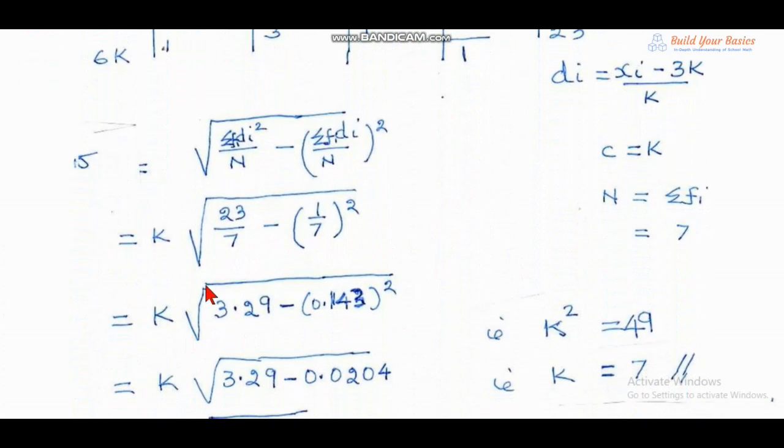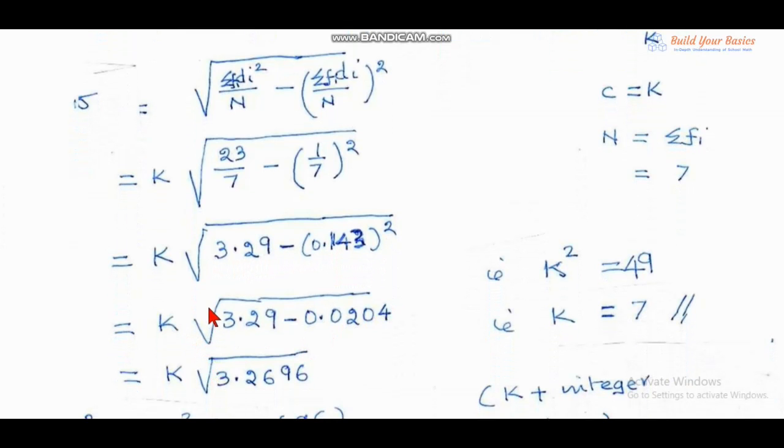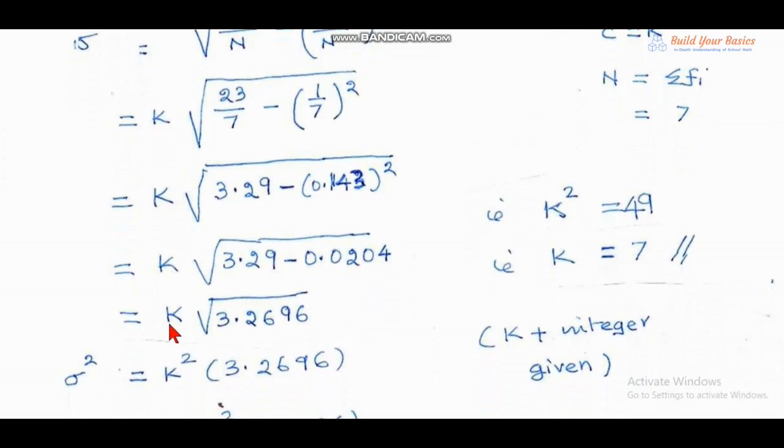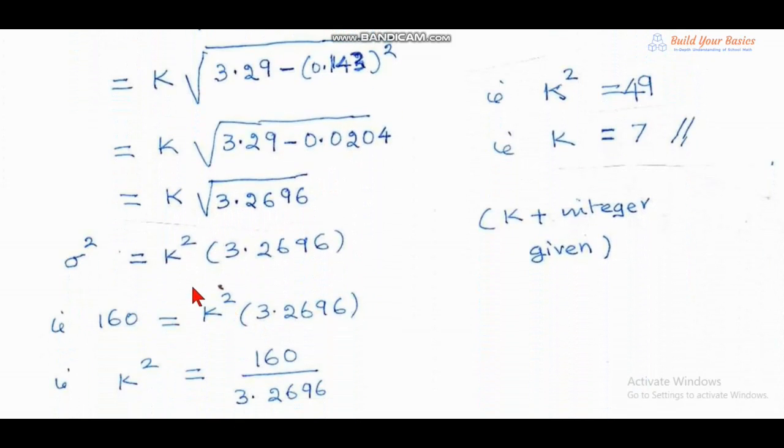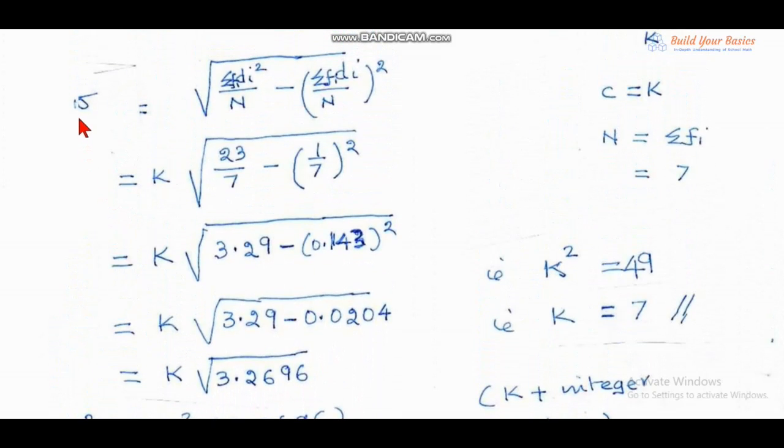That is k into square root of 3.29 minus 0.143 whole square, that is k into square root of 3.29 minus 0.0204, that is k into square root of 3.2696. So this is the value of sigma.